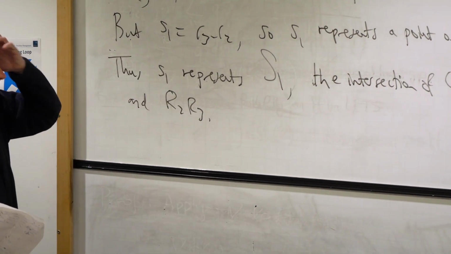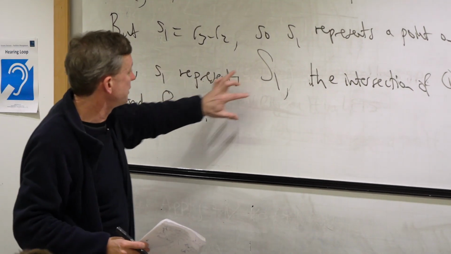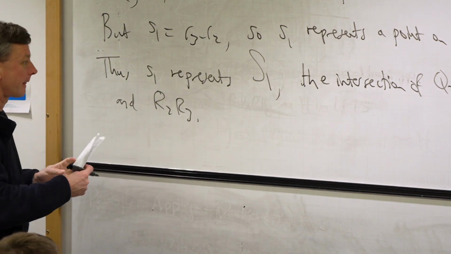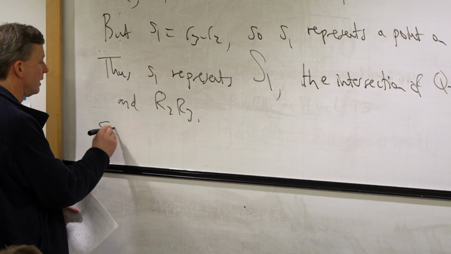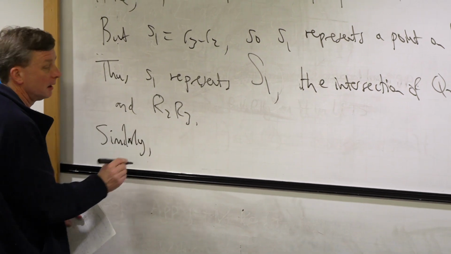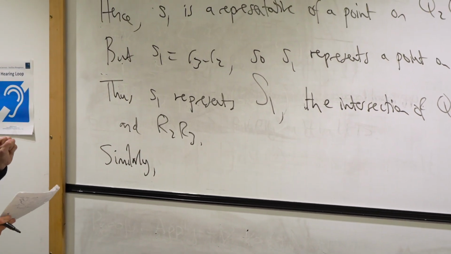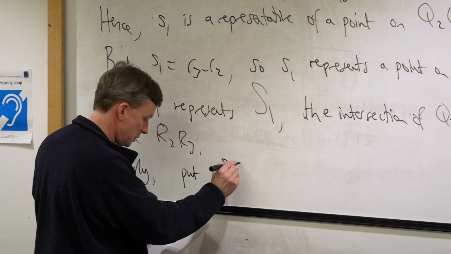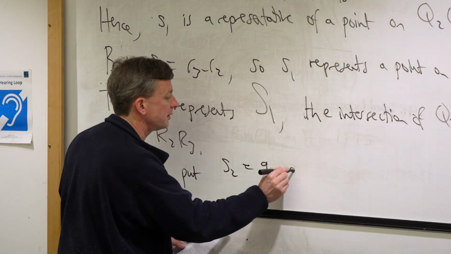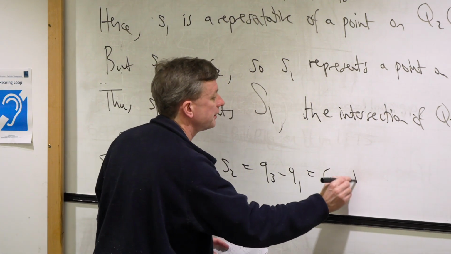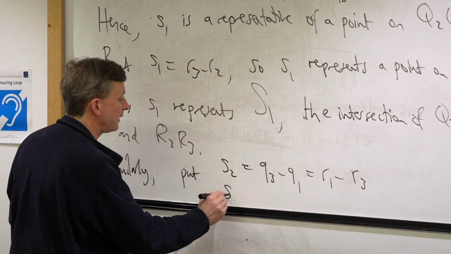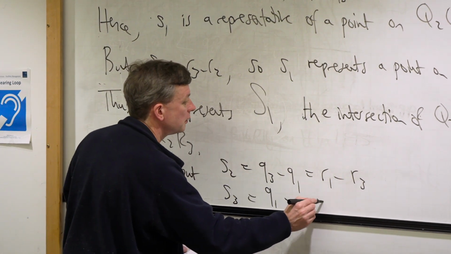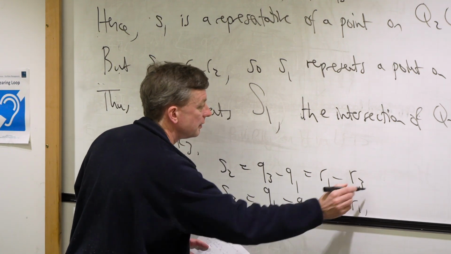So we can choose a representative for S1 which has these nice relations. Similarly, just cyclically permuting the 1, 2 and 3, we can put little s2 is q3 minus q1, which is r1 minus r3, and little s3 is q1 minus q2, which is r2 minus r1.